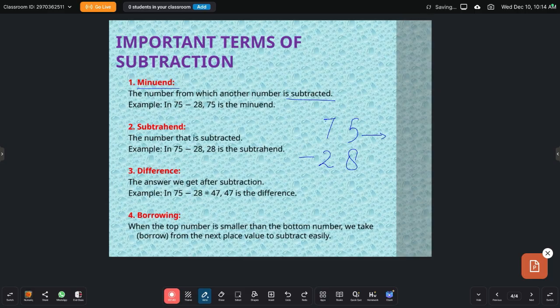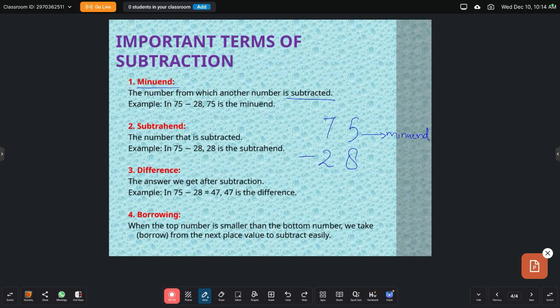I'm making you understand what minuend is. So the top number 75 is known as minuend. It is the top number.